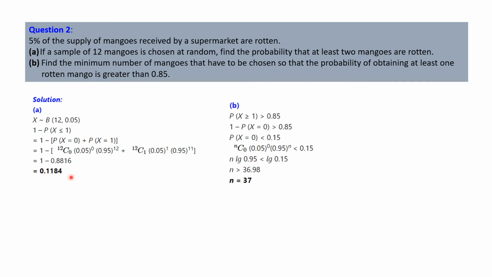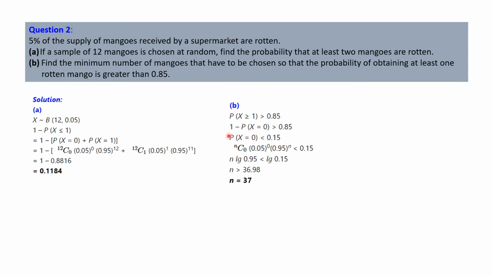Question B. Find the minimum number of mangoes that have to be chosen so that the probability of obtaining at least one rotten mango is greater than 0.85. So from the statement here, we have to write the probability for x greater than or equal to 1 is greater than 0.85.